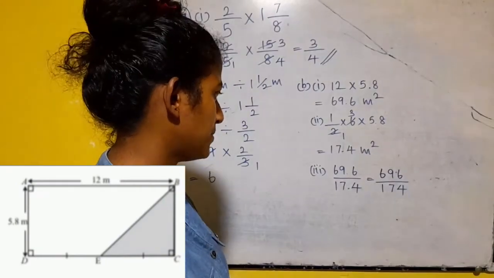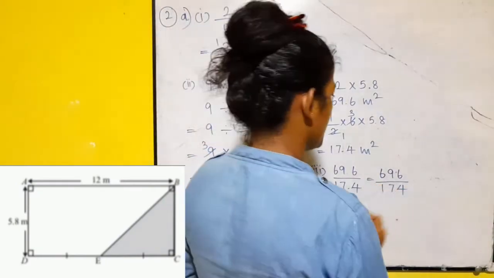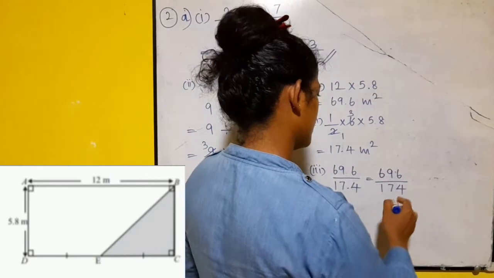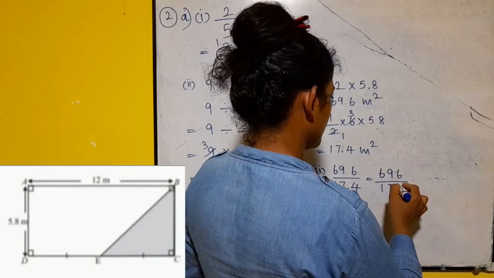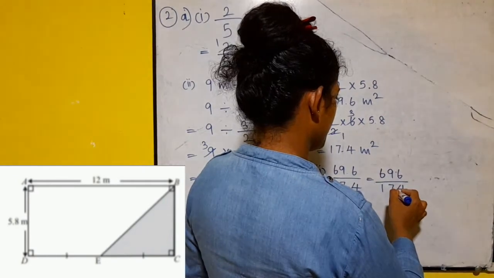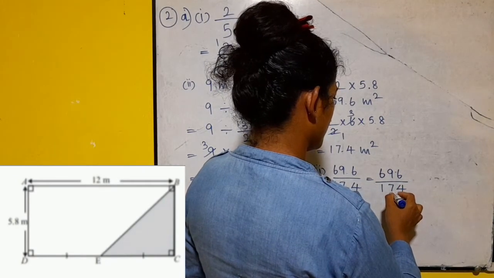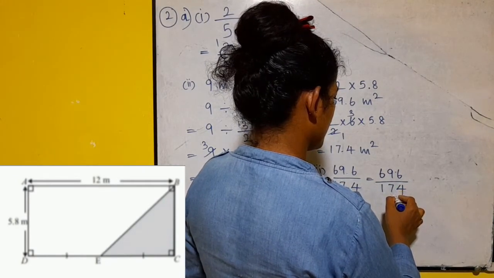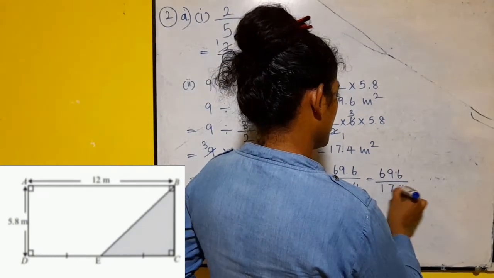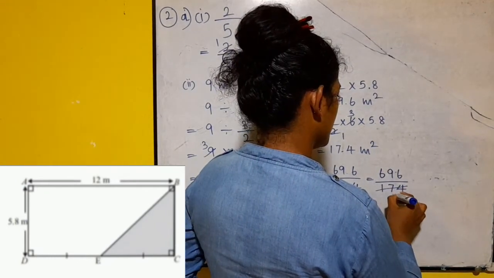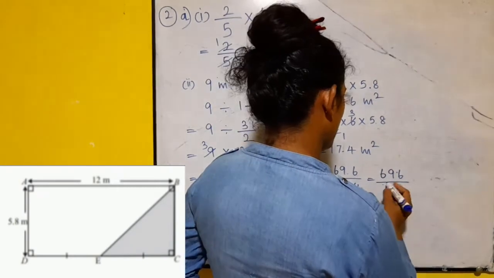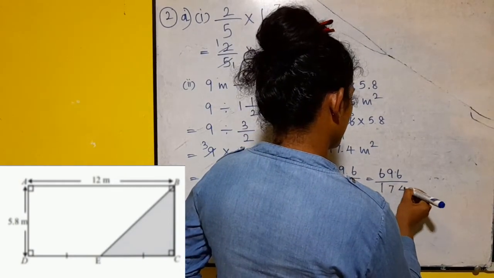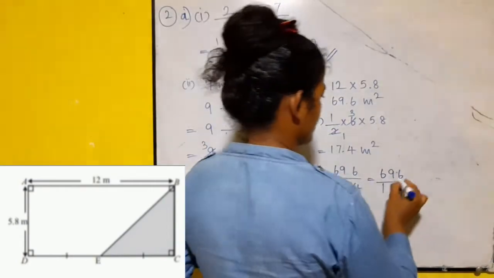Now you can simplify this. First we will divide by 4. Is it divisible by 4? Yes, 4 times 4. No, not divisible by 4. Let's divide by 2 first.